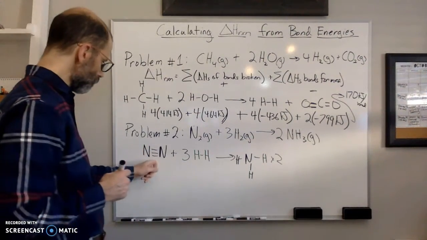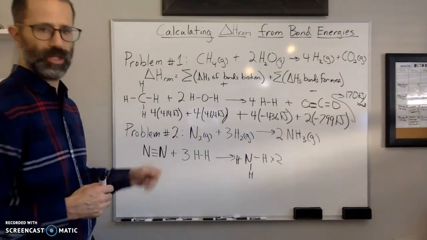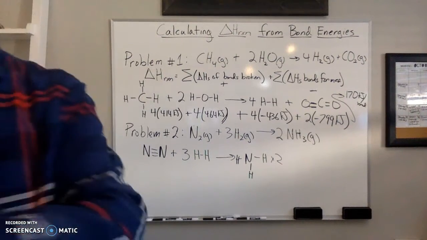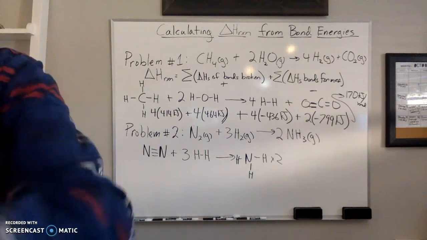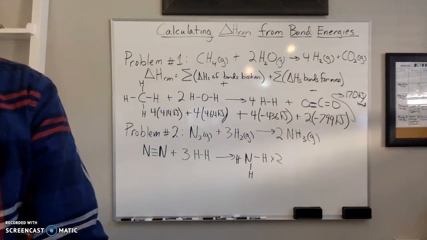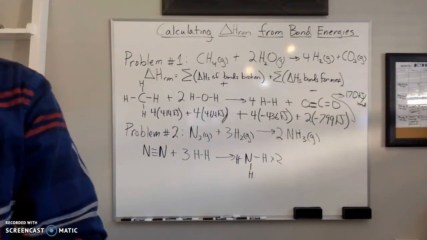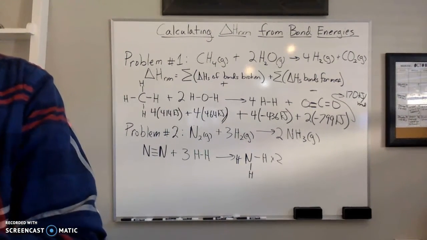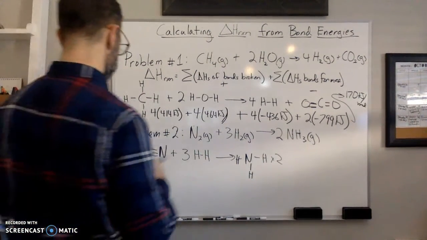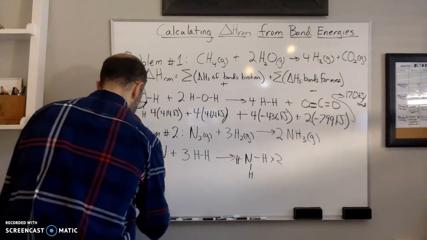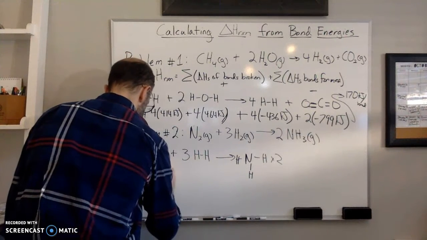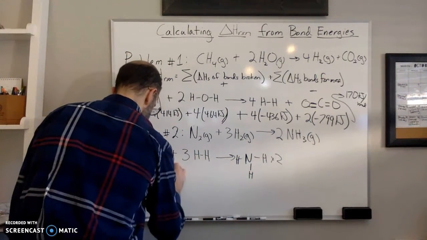We have one nitrogen triple bond, so we look up the bond energy of that, and we get 946 kilojoules per mole.